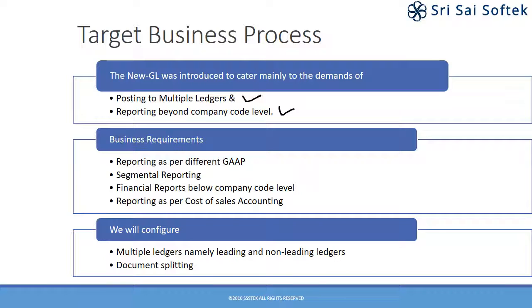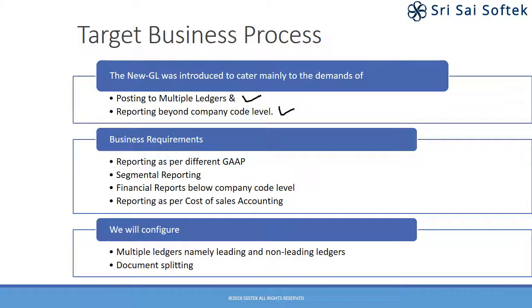In other words, if you post, let's say, one expense item and one balance sheet item, the balance sheet item inherits from the expense item. If there is more than one expense item, the balance sheet item gets split in the same proportion. This is called document splitting.